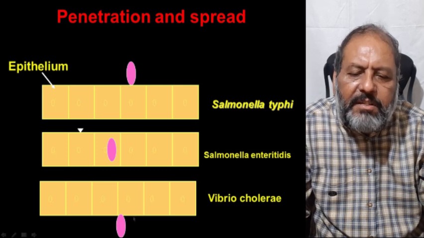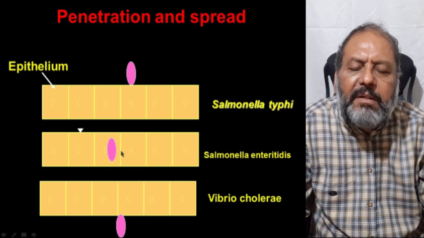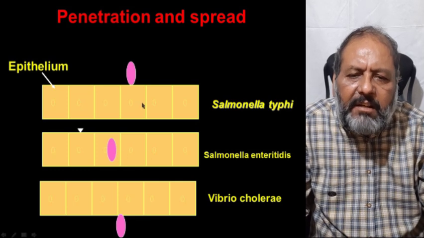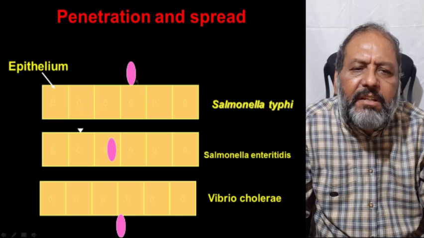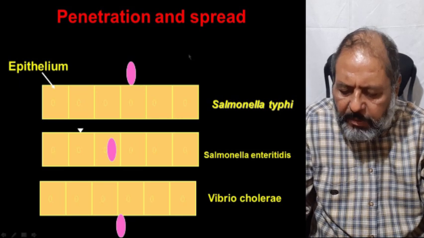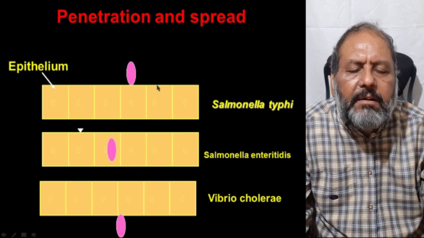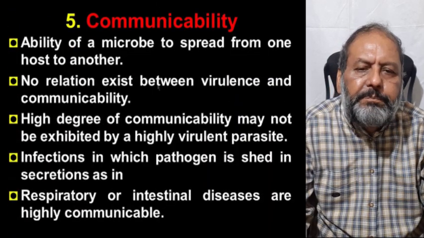So some reside on the surface, some become endocytic, living inside the cell, and some penetrate the cell and cause spread to the different organs of the body via the bloodstream, systemically.